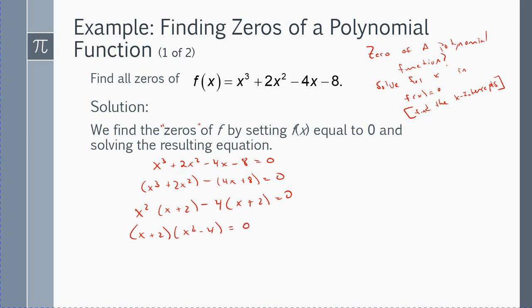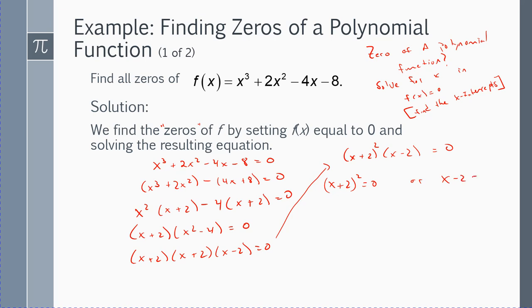Does x squared minus 4 factor? Absolutely. That factors into x plus 2 times x minus 2. So really what we have is x plus 2 squared times x minus 2 is equal to 0. Look, you have two solutions. You can either have x plus 2 squared is equal to 0, or you can have x minus 2 equal to 0.